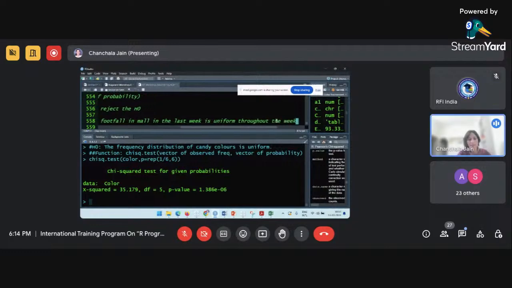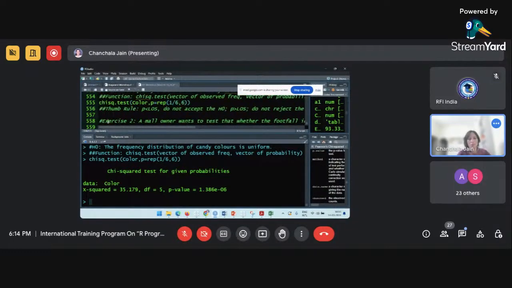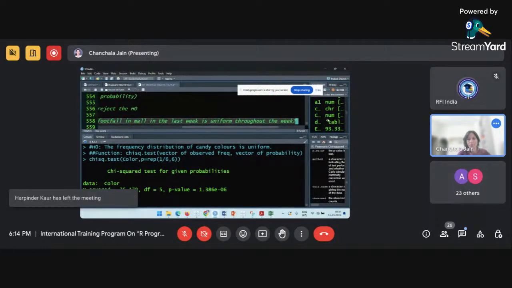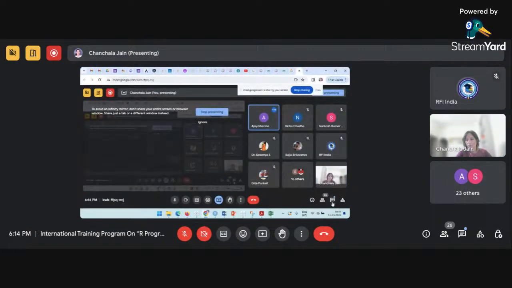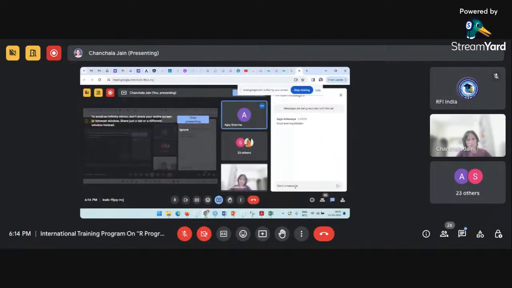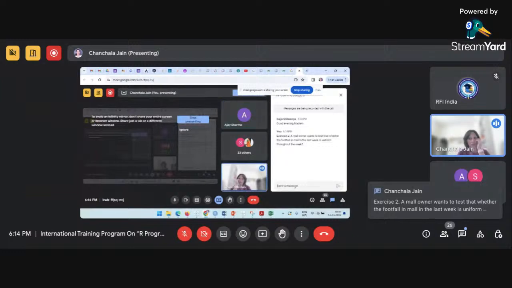So I think I have written this question here. What I'm doing, I'm copying and pasting it on chat, right? So I have given the question on chat. You can read the question, read the exercise, and please try to find the solution for it.